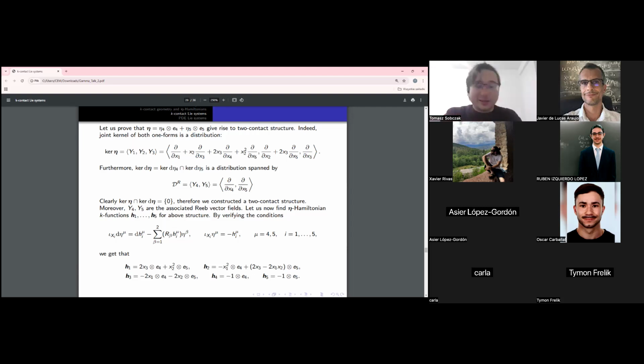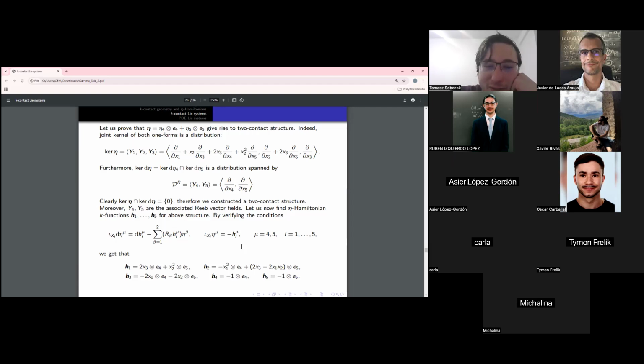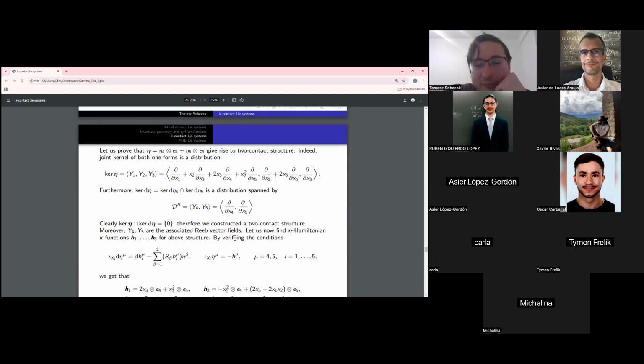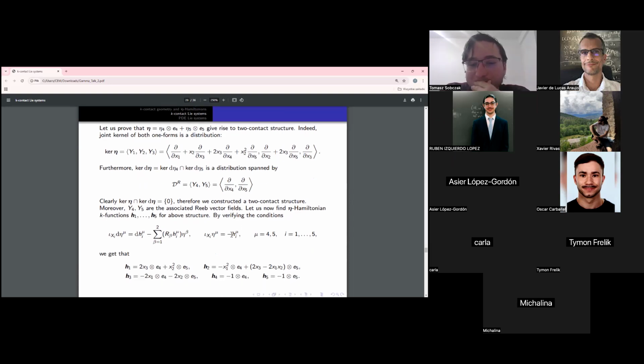So it wasn't about two different ones, but if they coincide. Okay, I now understand. Yes, of course. If you have a K-contact Lie system, that means that the Vessiot-Guldberg algebra of the Lie system consists of symmetries of the kernel of the eta. If you have another eta that defines the same kernel, it will always again be a K-contact Lie system with respect to the new eta. This is always the same.